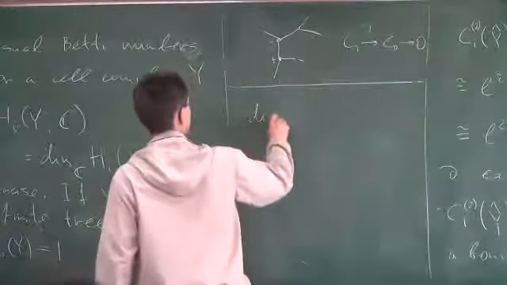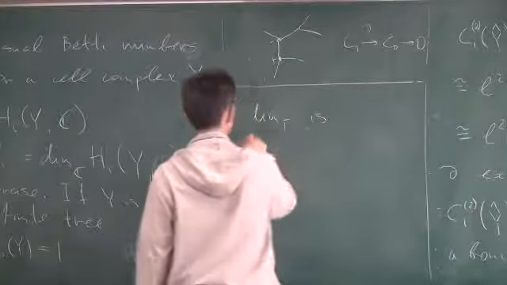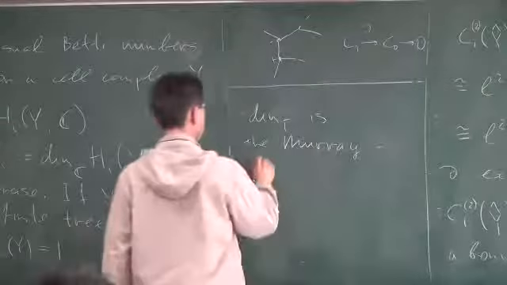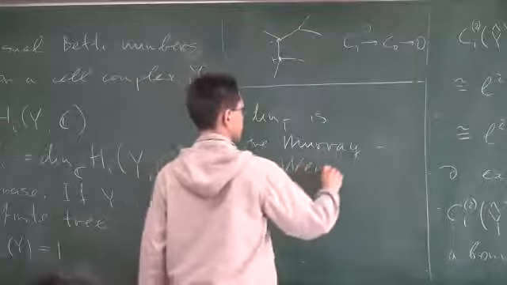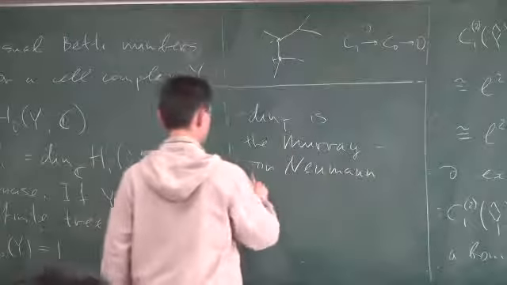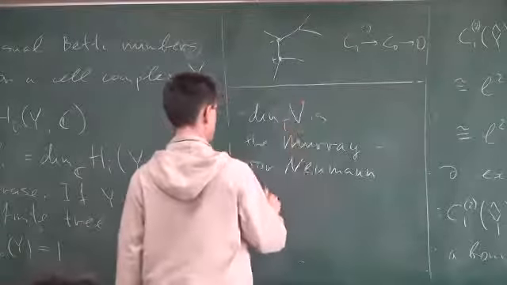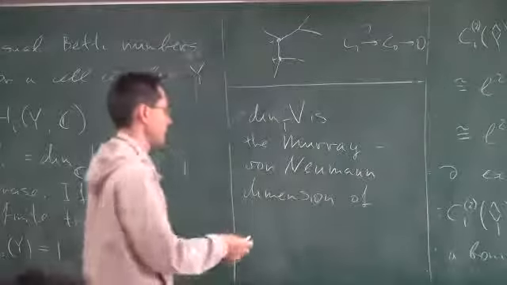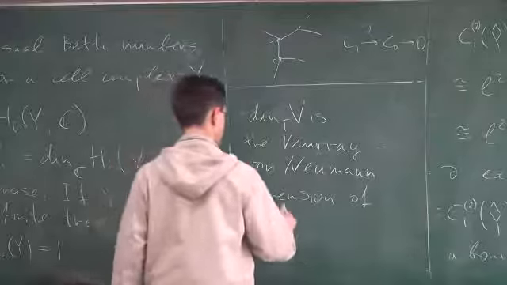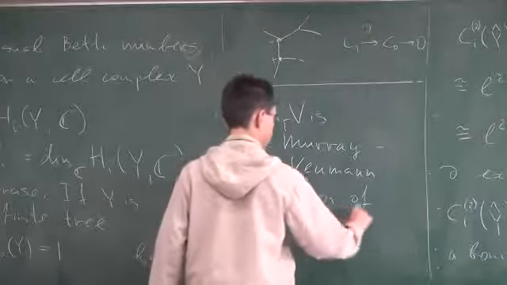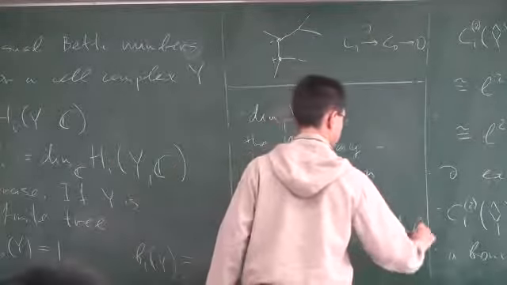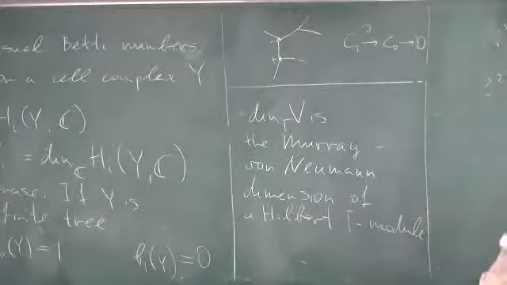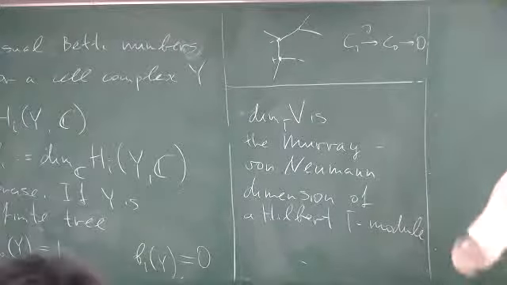The dimension over gamma is called the von Neumann dimension of a Hilbert gamma module. So in the same way, we can define L2 Betti numbers.